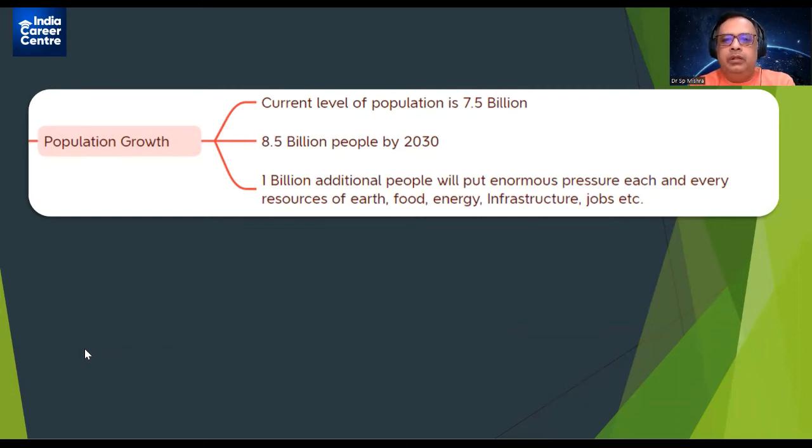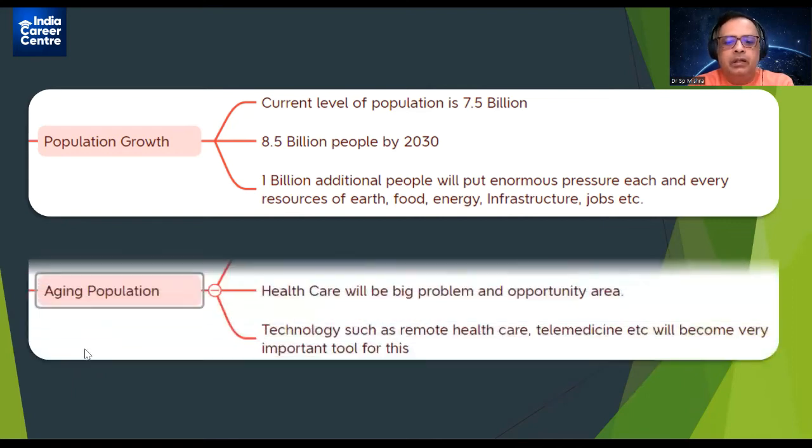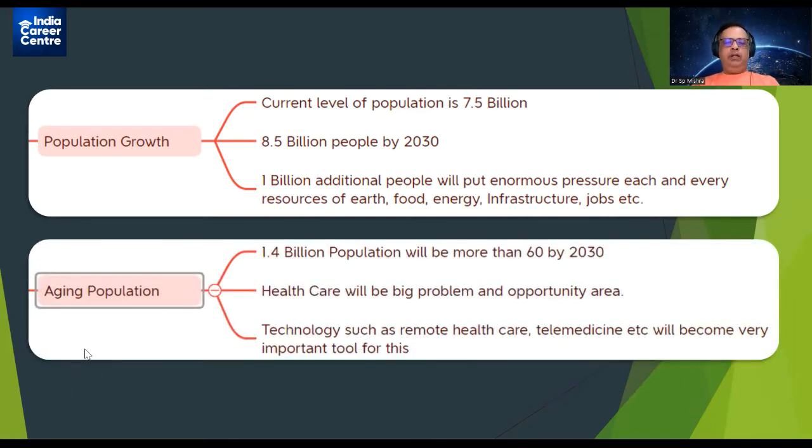So decarbonation and population growth also have a direct linkage because by 2030, as I mentioned earlier, there will be 8.5 billion people. So basically, we are adding a little more than 1 billion. They will obviously be needing every kind of resources, including land, food, energy, infrastructure, jobs, etc. And out of that, about 1.4 billion people will be more than 60 years old.